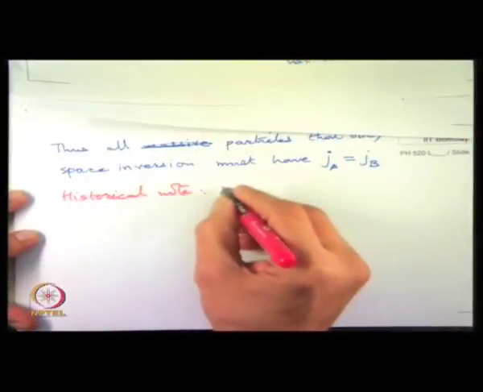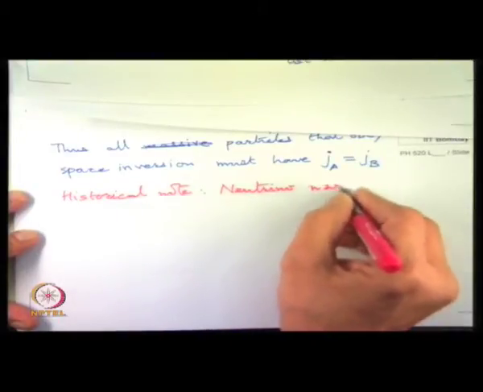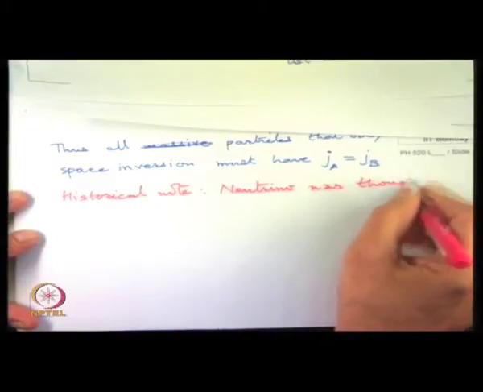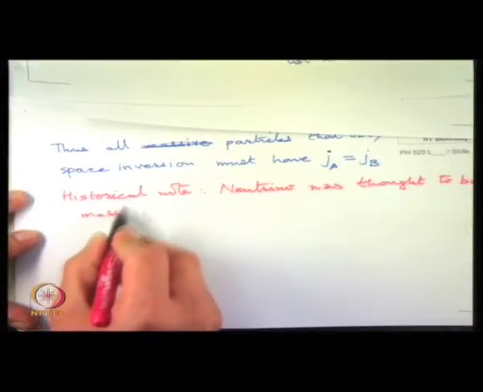Here the interesting historical fact is that the neutrino in 1956 was realized to be purely left-handed and completely massless. So for a massless particle, actually you can get away with using only JA or only JB and not the other one. Thought to be massless.